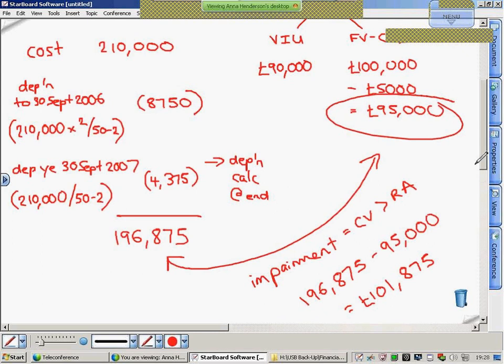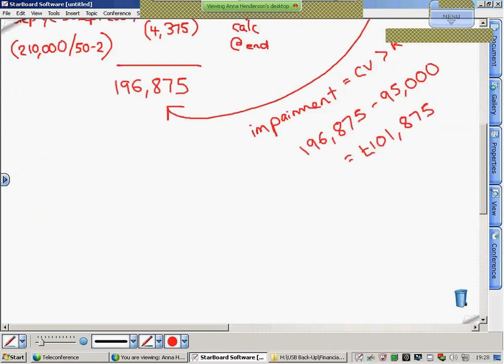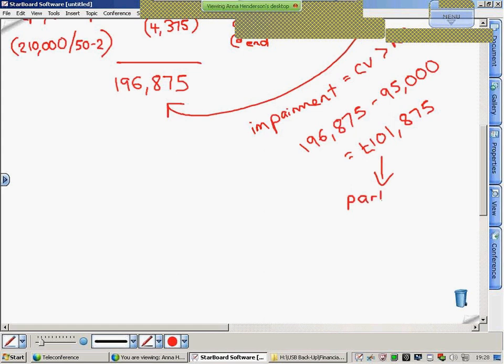And we're going to deal with how we treat this then in part B of the question, which we'll come back to in a moment.